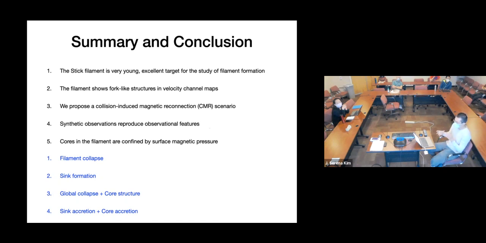So the core mass and the sink mass grow together in this dynamic picture. We're just trying to say the stick filaments can be explained by this mechanism, and it can form stars in the future. There are probably many other interesting features to explore next. Thank you for your attention.